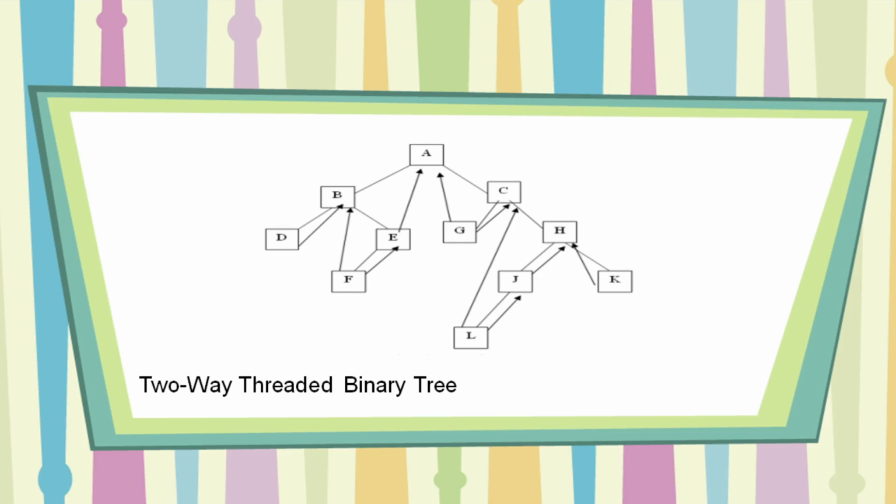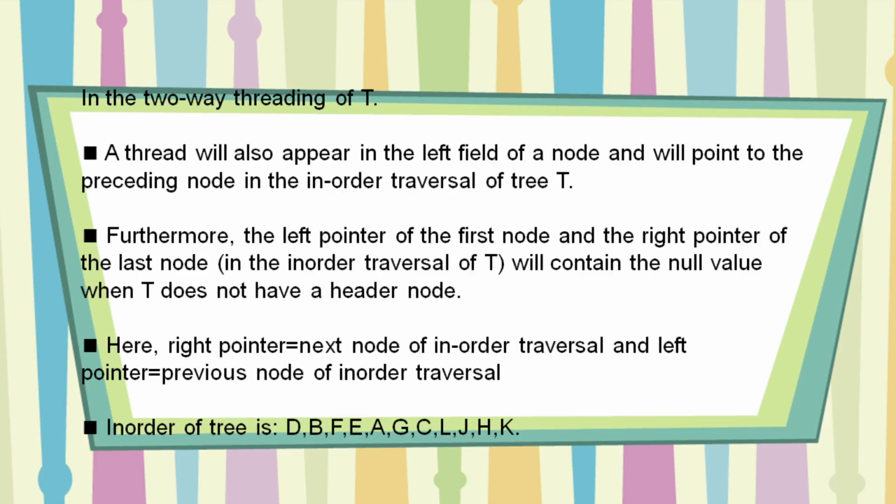Here the left pointer for F is B and the right pointer for F is E. Go through the previous slide.